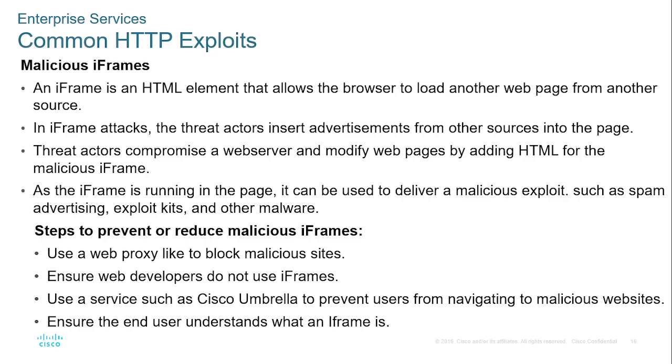So when you click on those advertisements, it takes you to their malicious sites, where you end up downloading bad stuff that you did not need. So iframes can be used by bad threat actors to deliver malicious exploits, such as spam advertising, exploit kits, malware, and so on and so forth.